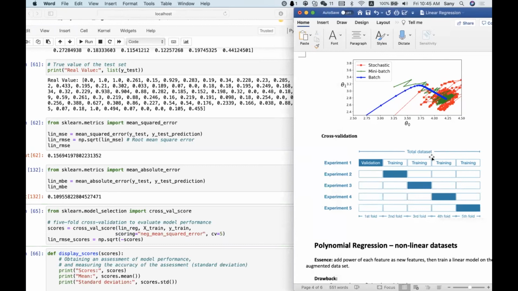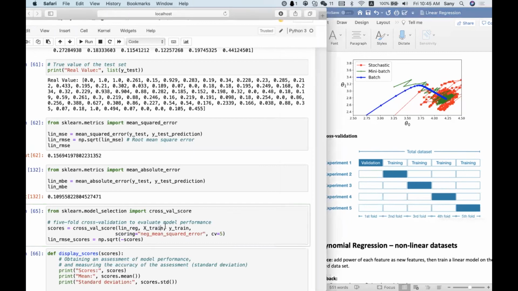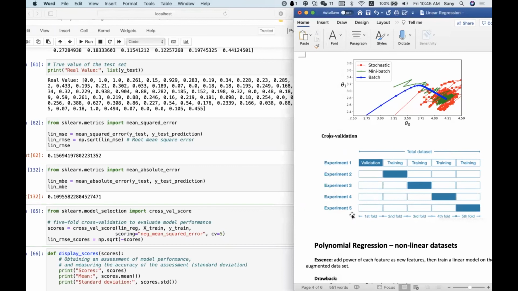Here is the total data set, and it will be divided randomly, and maybe you can set some strategy like stratified, into five folds.